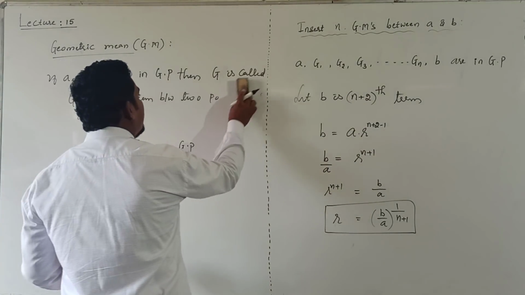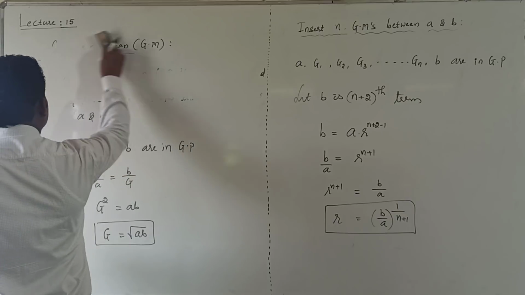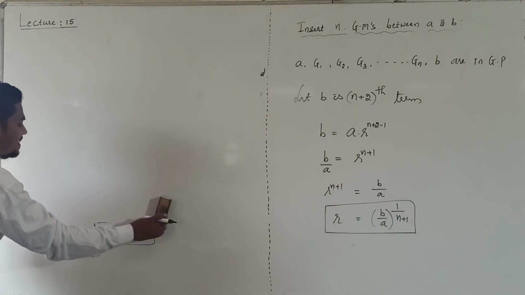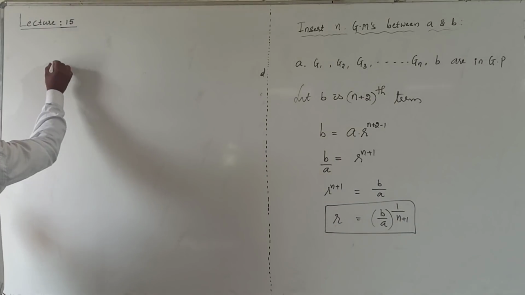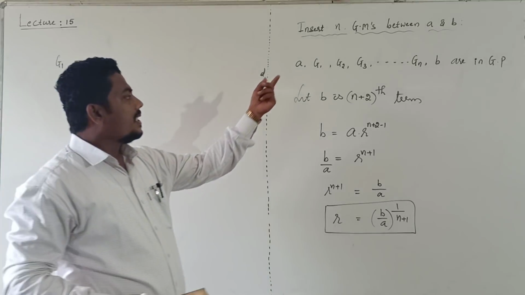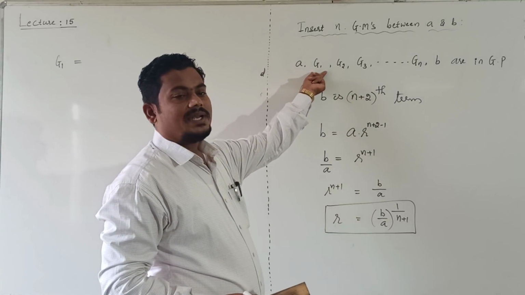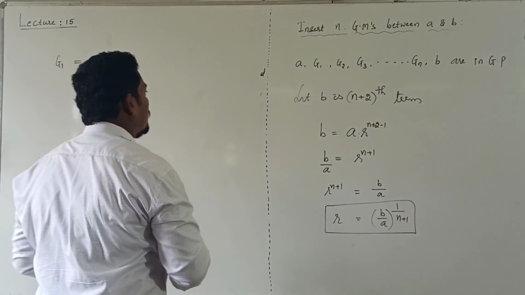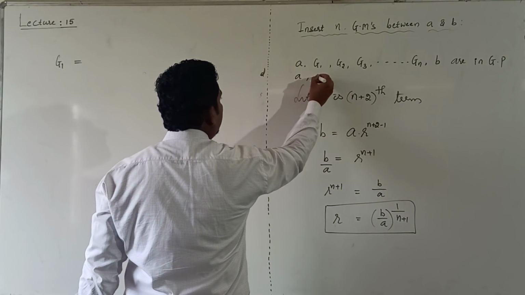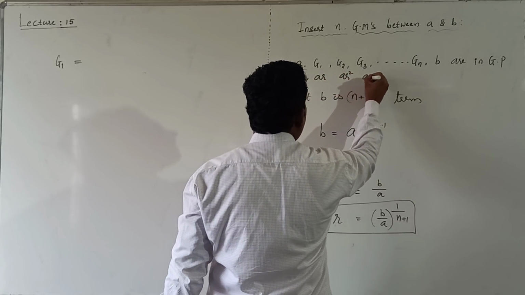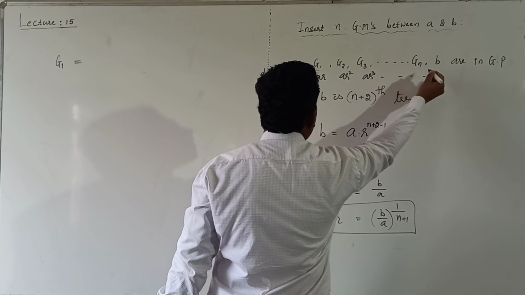Now what is G1? What is the G1 value? Capital G1 is the second term of this sequence. First term is A, second term AR, AR square, AR cube and so on.